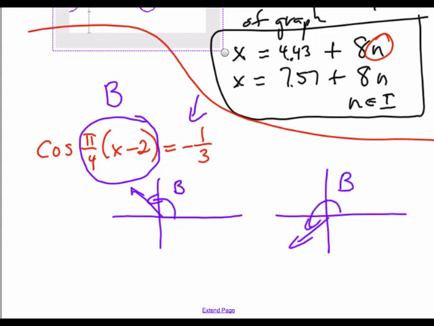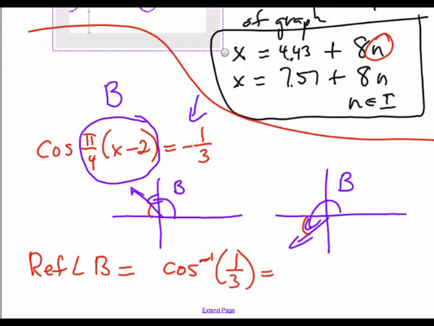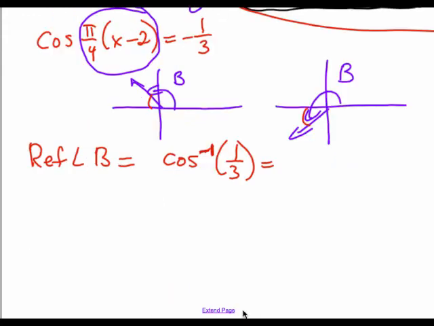And what both of these angles have in common is a common reference angle. So I am going to find the reference angle for angle B by doing the inverse cosine of the positive ratio. I can't do this exactly because I don't know what angle has a ratio of 1/3. It's not part of one of my special triangles.